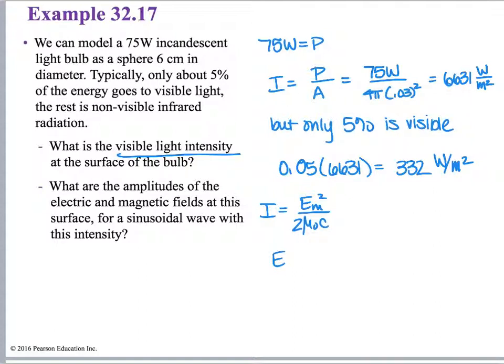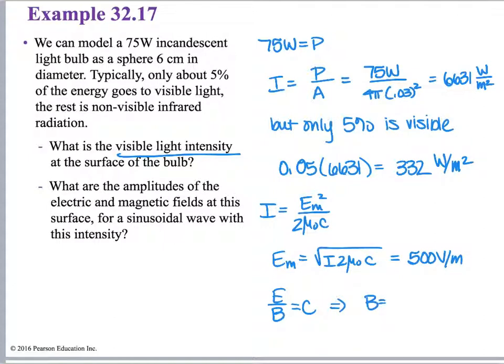So E max is equal to the square root of I times 2 times mu naught times c. If we put in our values for that, we get 500 volts per meter. And then using the fact that E over B is equal to c, we can write B is equal to E over c, and then use our value of E to get 1.7 times 10 to the minus 6 Tesla. And that's how we could do it.